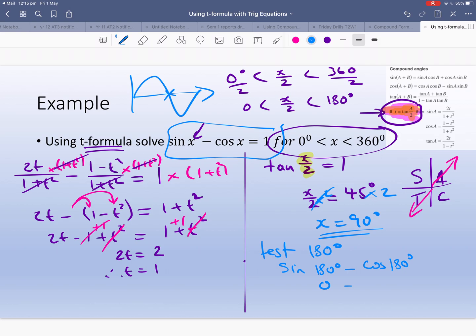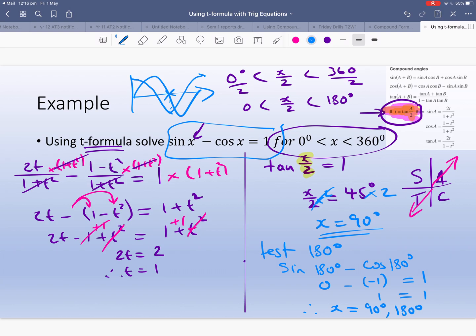Cos at 180, it's going to start here, go down here, and then go back up. So at 180 it's actually negative 1. So that's going to be 0 minus negative 1 equals 1, and actually this 1 equals 1, so it's true. So therefore x equals 90 and 180 degrees, okay?